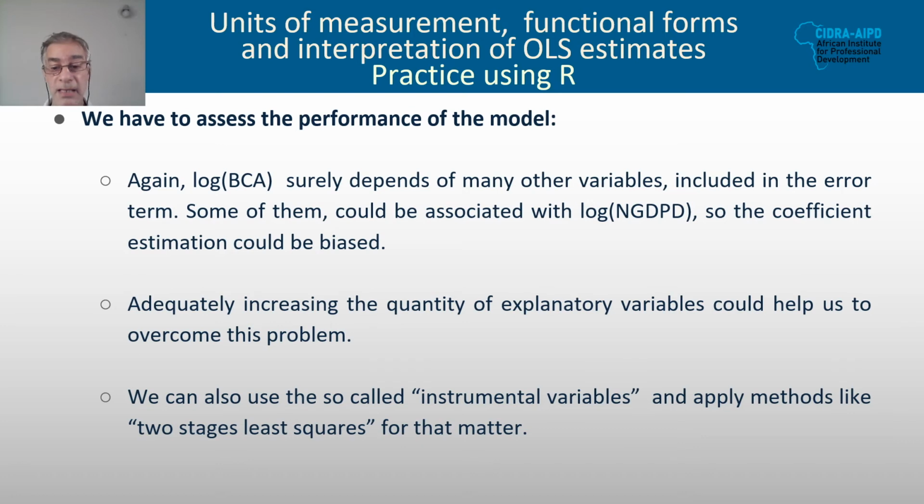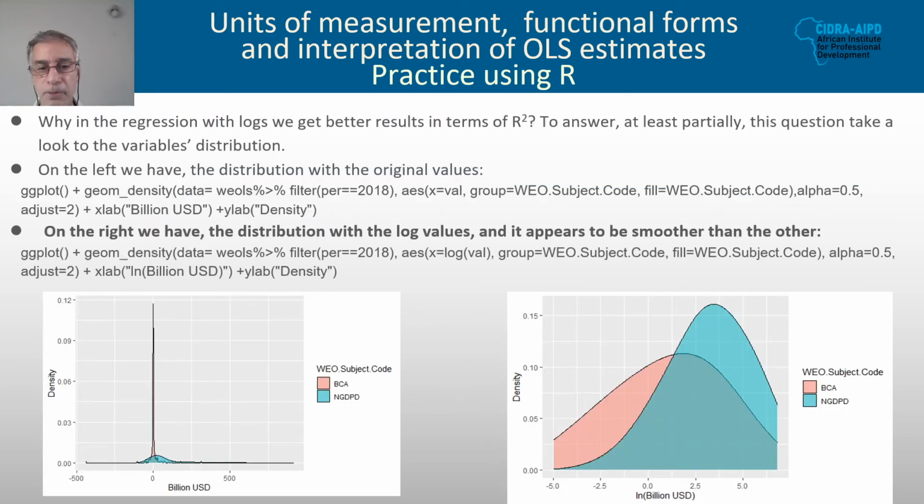If we think that this can be the situation, you have to understand that you are in the presence of biased estimation, and you have to address that problem with instrumental variables, increasing the quantity of variables, using two-stage least squares, where you have a lot of methods at your disposal in order to solve that problem.